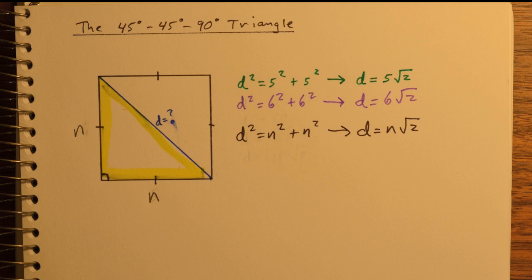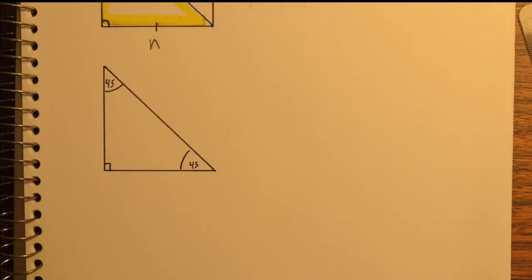So for every 45-45-90 triangle, the side lengths, in other words the two legs and the hypotenuse, will always follow a certain pattern. This is true because each 45-45-90 triangle is similar to every other 45-45-90. So in sum, if the two legs are n, the hypotenuse is n root 2.